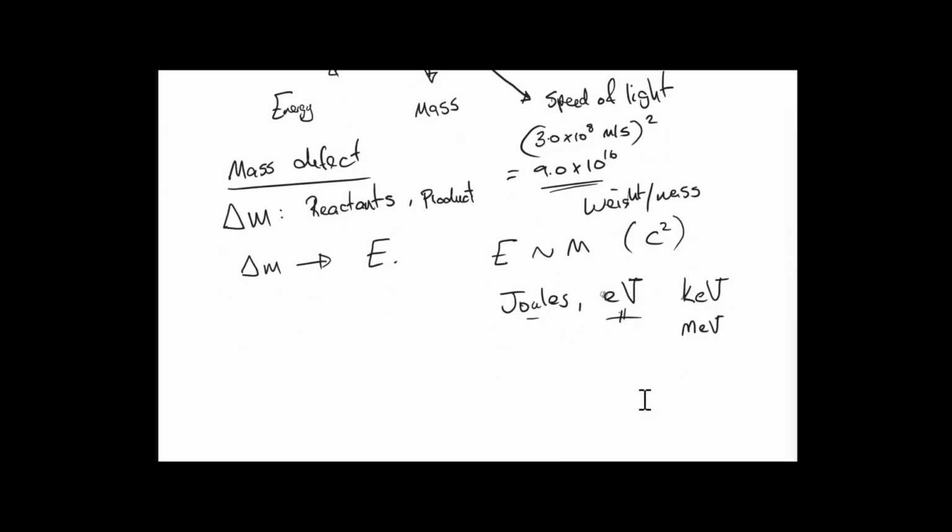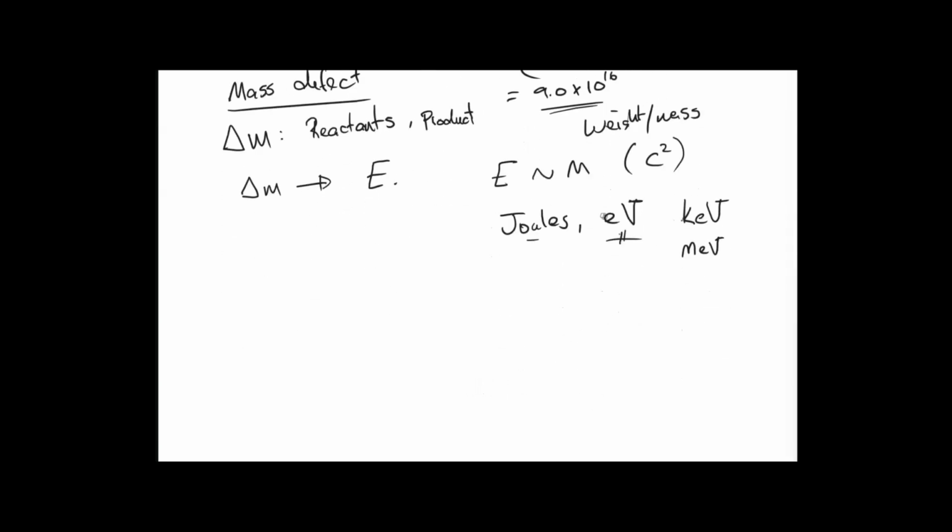That said, how would we calculate the change in energy? If we remember, the energy that we're going to get is going to be the change in the mass times the speed of light squared, and we're going to keep it in joules for now.